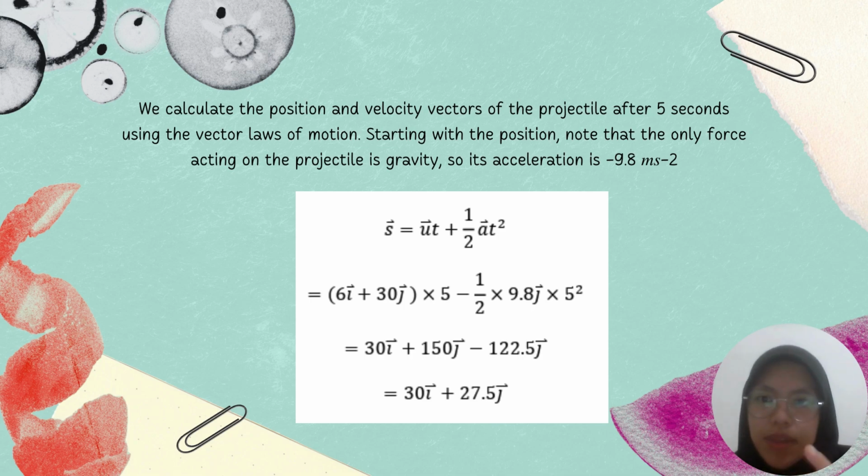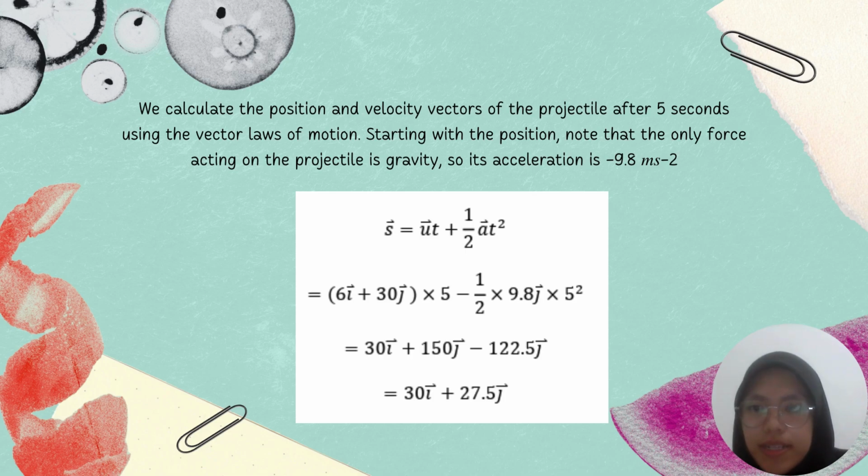Starting with the position, note that the only force acting on the projectile is gravity. So its acceleration is negative 9.8 meters per second squared. We need to use this formula, which is s equals ut plus 1/2 at squared.